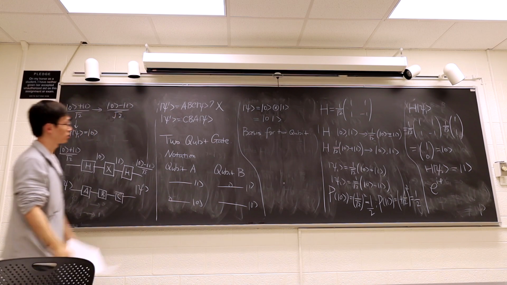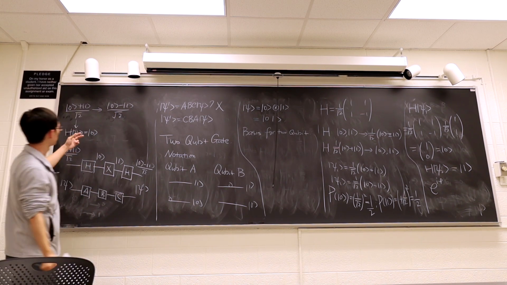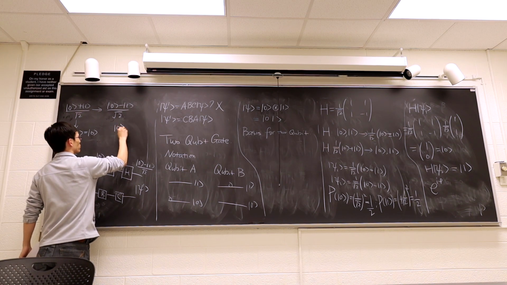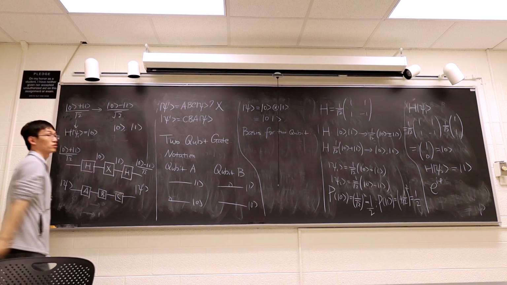So previously we know that the basis for a single qubit is 0 and 1, right? 0 is a basis, 1 is another basis.